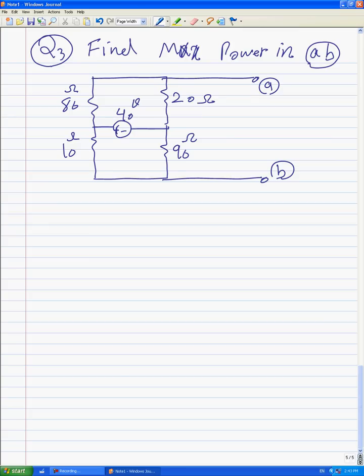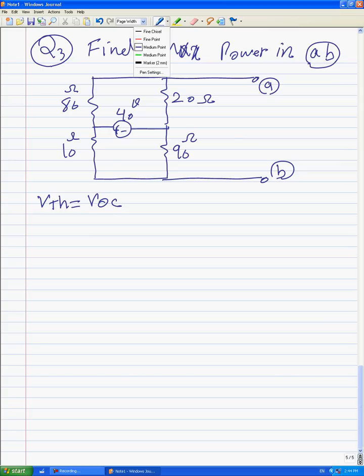In order to find the max power for any circuit, we should find the equivalent Thevenin circuit, or we should find RTH and VTH. That's why in this circuit we want to find VTH, or open circuit voltage, and next RTH, or equivalent resistance.